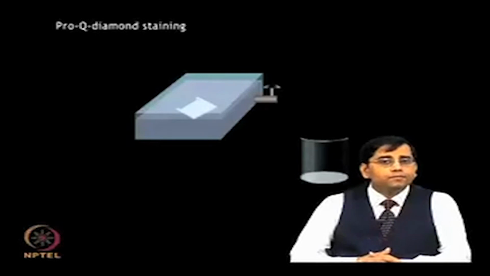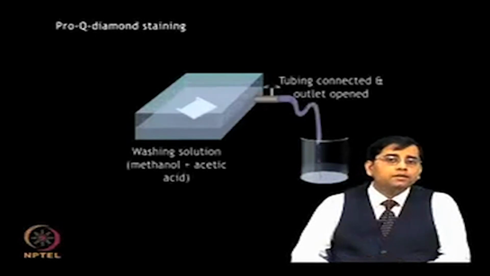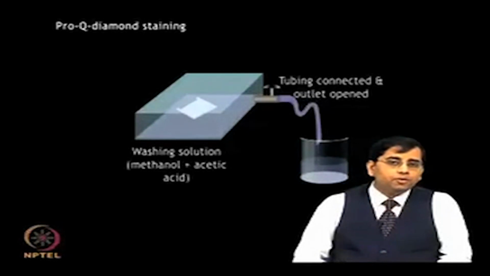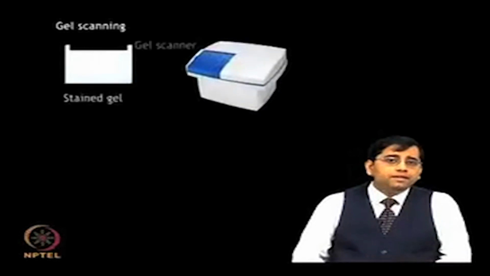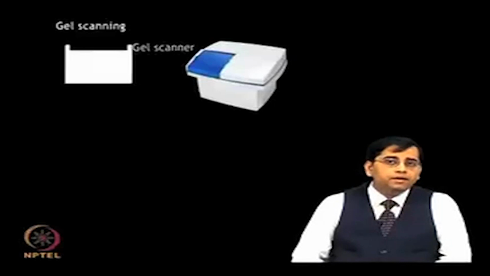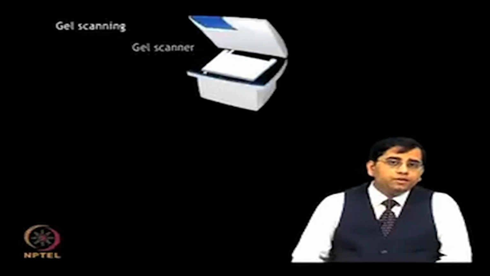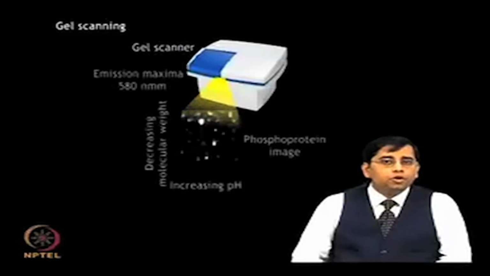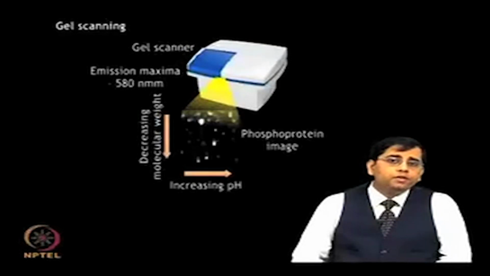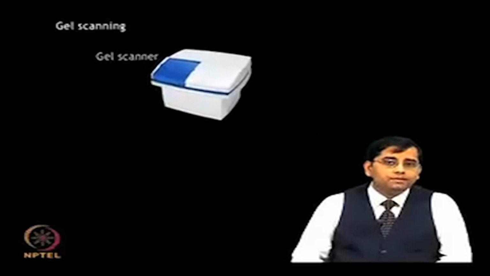Excess stain is washed off with a solution of methanol and acetic acid. The stained gel is scanned at its excitation and emission wavelength using a gel scanner. The gel image obtained shows the protein bands corresponding to only the phosphoproteins which are present.